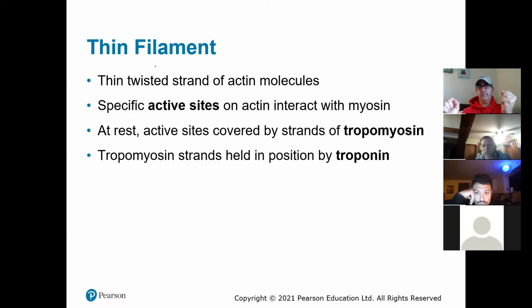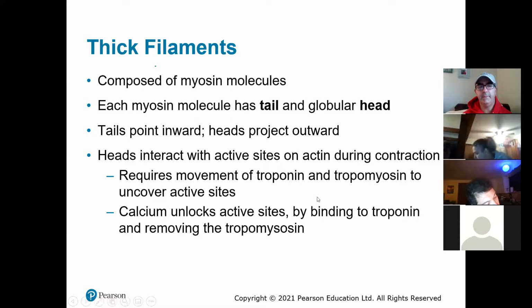But the problem is when the muscles are relaxed, that actin site is covered up by tropomyosin and troponin. So myosin can't see that active site. It can't grab onto actin. And that's always going to be the problem. What myosin wants to do is grab actin right there and slide the actin filaments in closer to the middle, but it can't do that if tropomyosin and troponin are in the way.